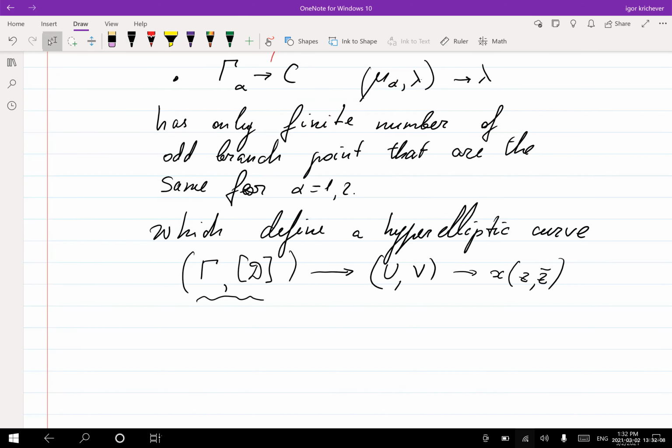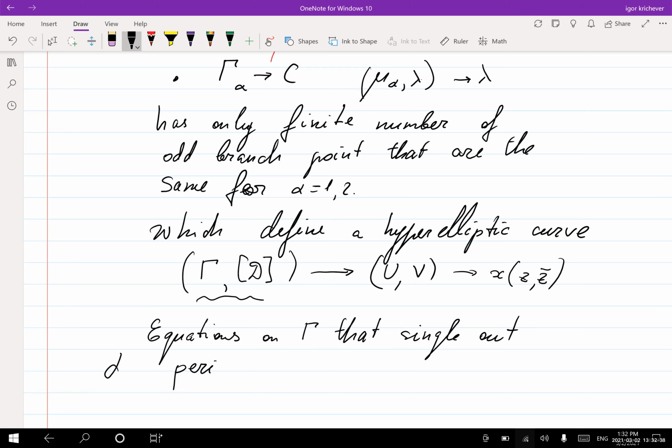So there are equations on gamma that single out doubly periodic solutions. And we are interested in particular in constructing a harmonic map of a torus, not of some universal cover.